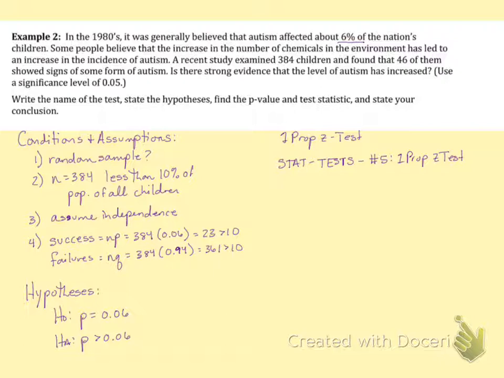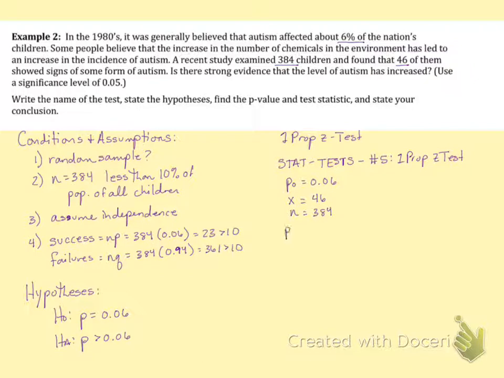For this, we're going to put in our p sub 0. When it asks for p sub 0, it's asking for the p-value of your null hypothesis, which in this case is 0.06. Then we have the x and n. This was the same x and n for your confidence intervals. The x was that we had 46 out of the n, which is 384 children.